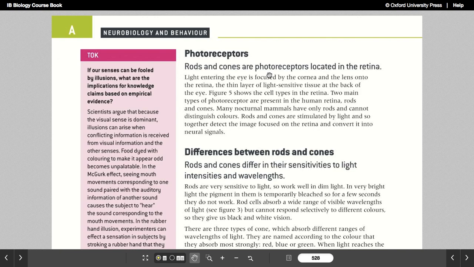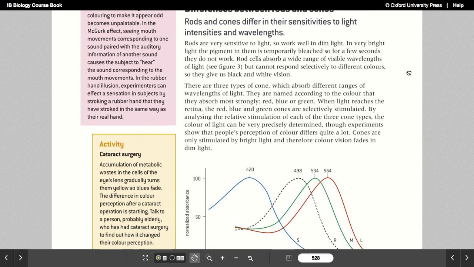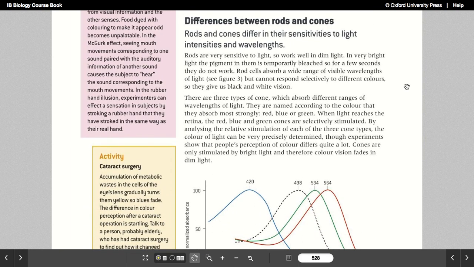They're rods and cones. They're located in the retina. Rods do like blacks and whites and grays. Cones do red, blues, and greens. We have 3 different kinds of cones. And then the differences between rods and cones, like we said, rods do dim light, and so they end up doing black, whites, and grays. And cones do bright light, and they do colors red, green, and blue.